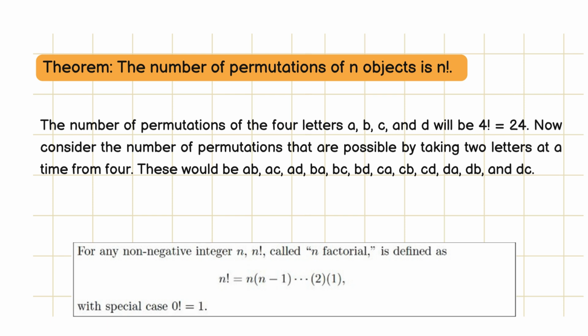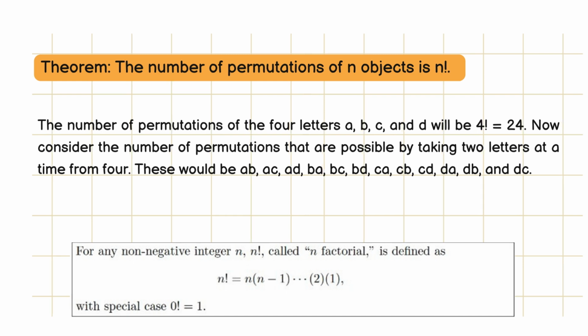From this definition we can find that 4 factorial equals 4 times 3 times 2 times 1, that is 24. So using this definition we can calculate the number of permutations more effectively.